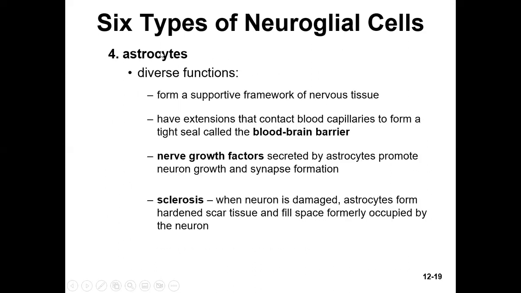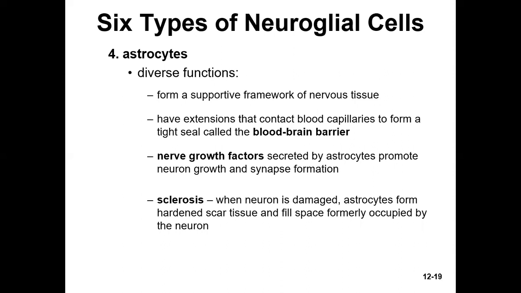The astrocyte is an interesting neuroglial cell within the CNS that helps form a framework for the tissue. This is also going to be one of the primary formers of the blood-brain barrier.